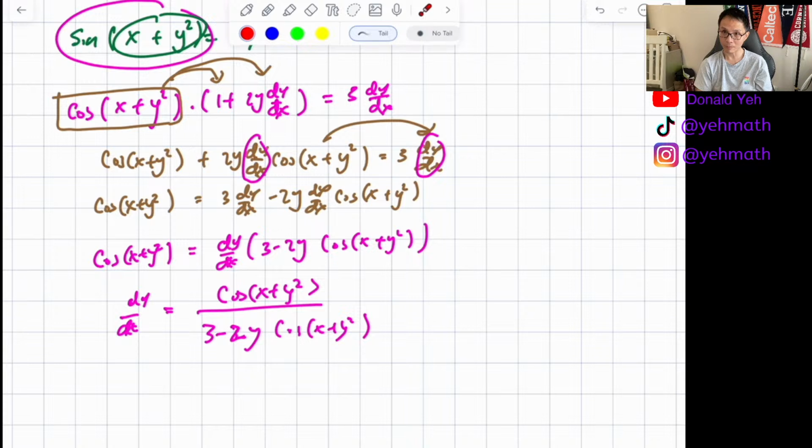You distribute both sides? Yeah, because I was wondering the same thing.